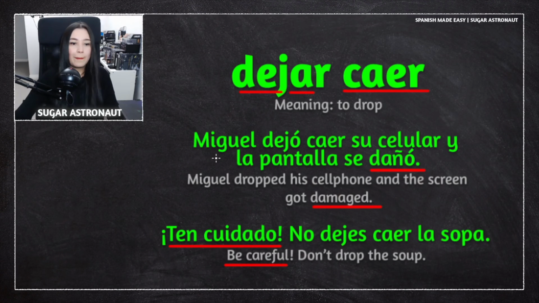Ten cuidado. Be careful. No dejes caer. Okay, so we have the negative word no and dejar caer, conjugated, of course. No dejes, it's like a command. No dejes caer.